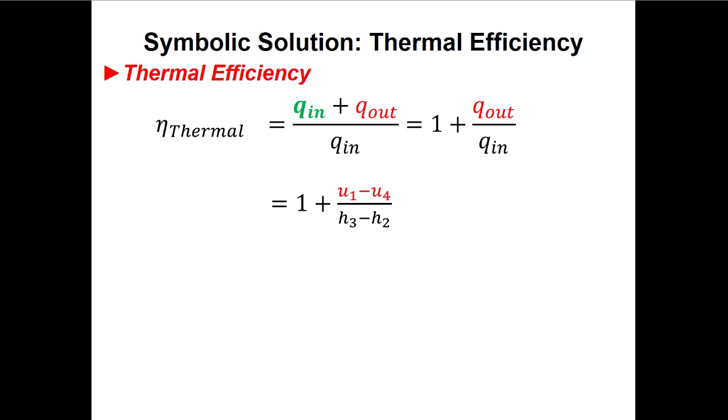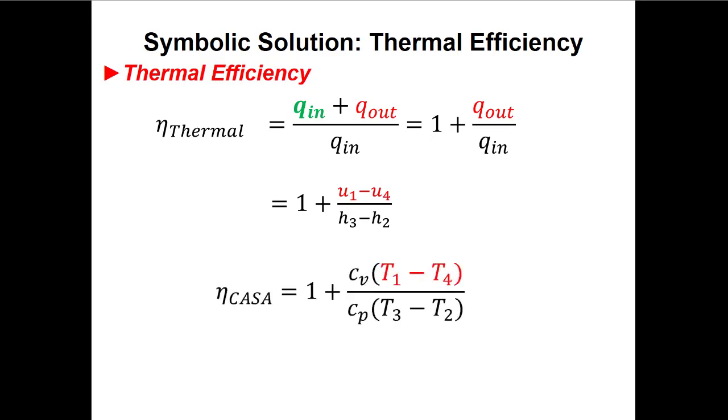Again, I'm going to notice that here I need to use constant specific heats. So my delta U's become Cv times delta T, and my delta H becomes Cp times delta T. I know Cv, I don't know T4. I do know T1, I don't know T2. I know Cp, and I know T3. So if I knew T2 and T4, then I could find the thermal efficiency.